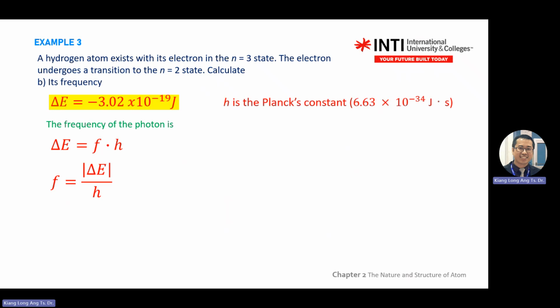Then Planck constant is 6.6 times 10 power negative 34 joule second. When you need to use Planck constant, you are using joule and not eV. So if in section A you stop at eV, the answer can be correct. But when you come to section B, if you still use eV, then the answer is wrong.